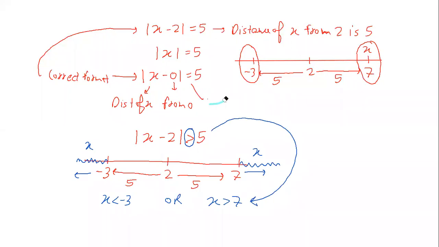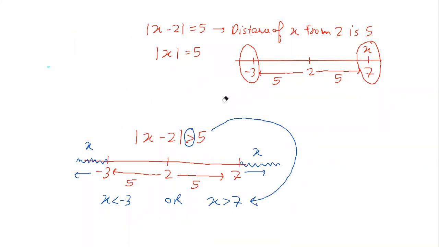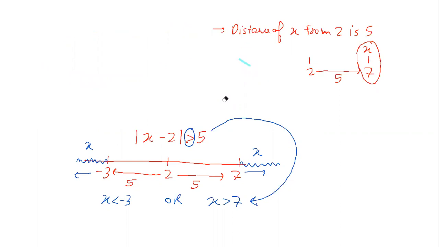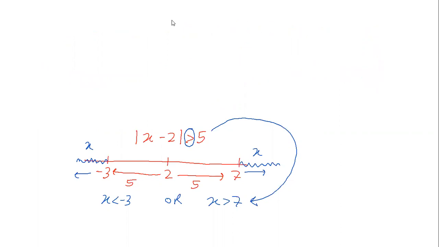So let's try to understand one more example so that it's super sure that we get it. Now, if I say this time mod x minus 2 is less than 5.